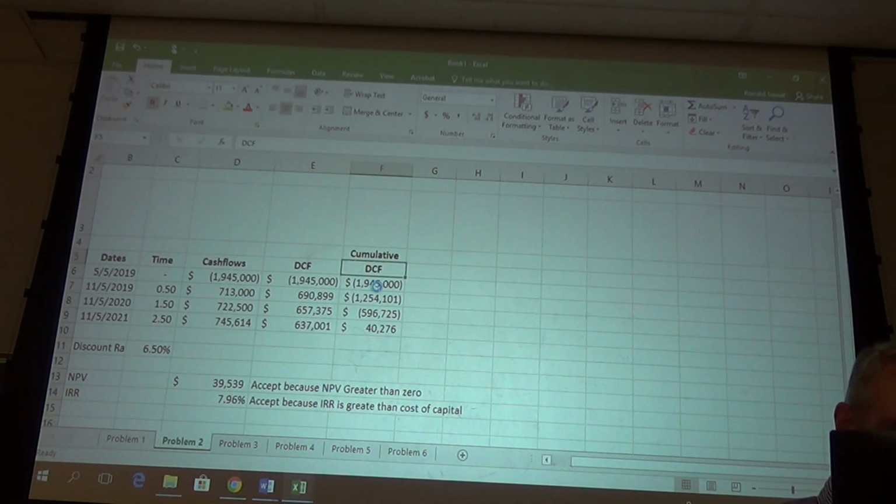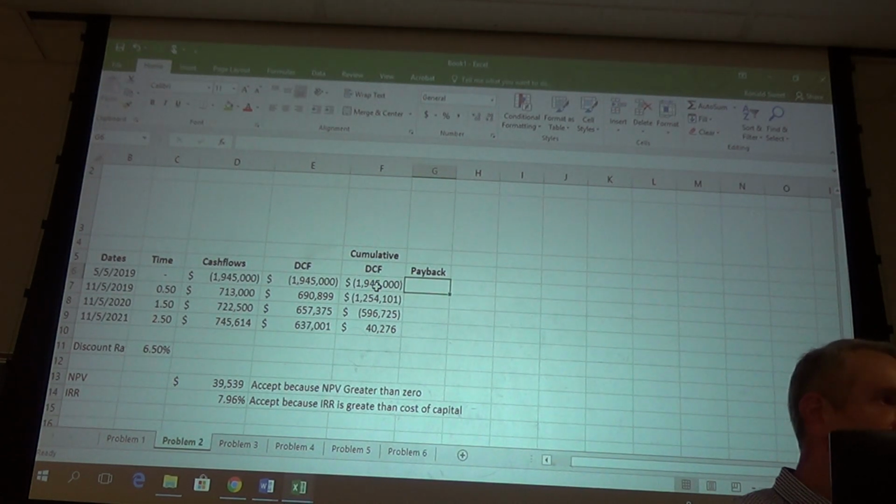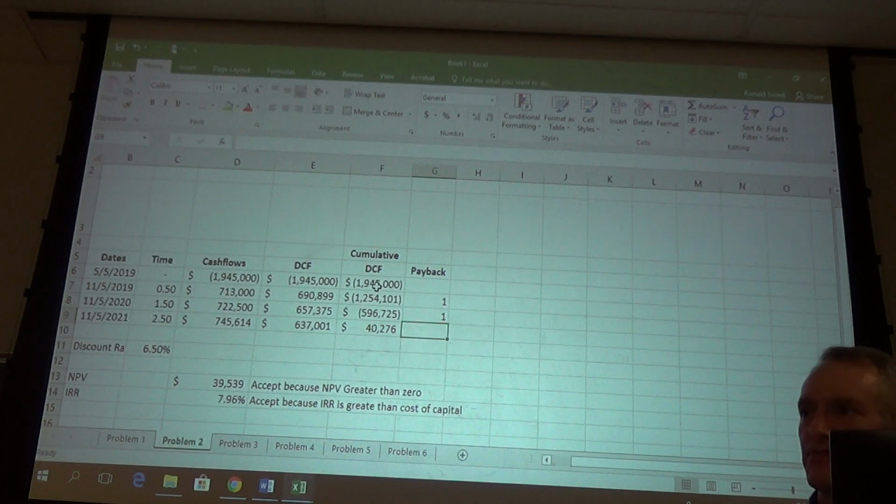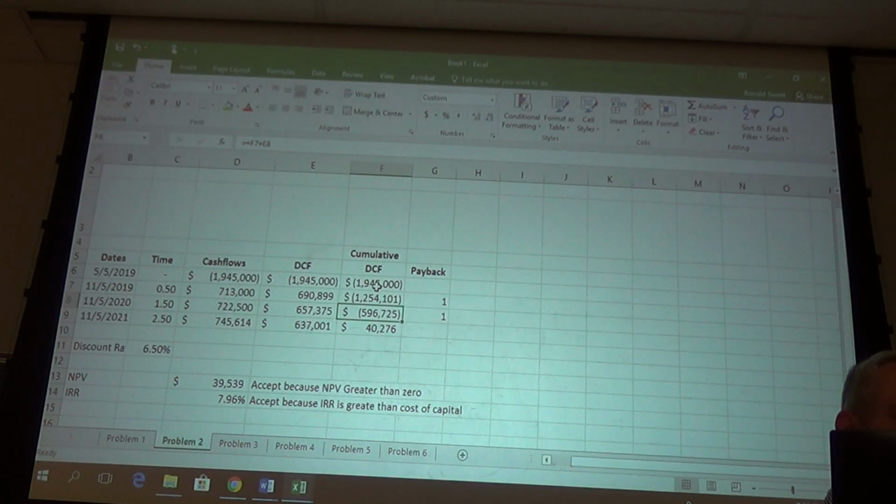So then we're going to do the payback. Remember, you skipped the first year because that's 0. If it's a negative number, what do you type here? Type a 1 because you need that whole year. At the negative number, you need a 1. You don't need to set up the IF function unless you just want to. The last year is positive. So we began the year with a $596,000 deficit.